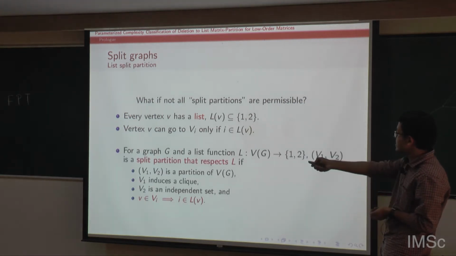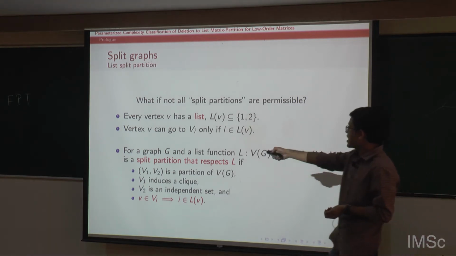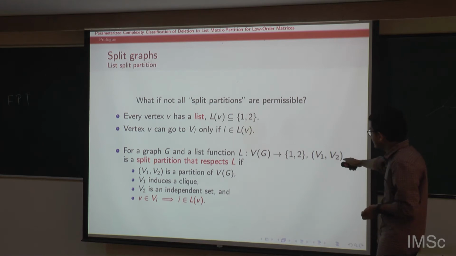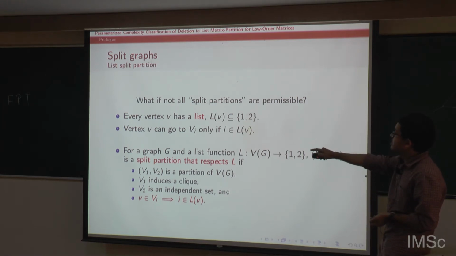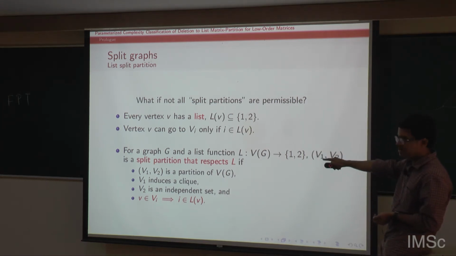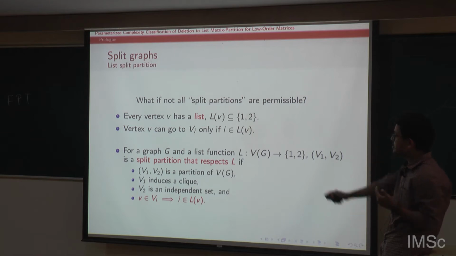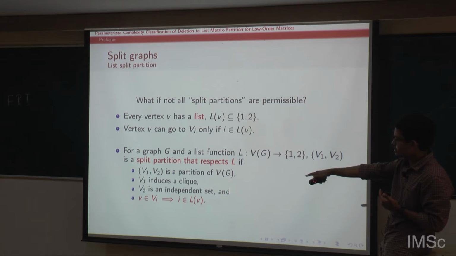So we start with a graph and a list function L. We say that (V1, V2) is a partition that respects this list L if 1, (V1, V2) has to be a partition, 2, V1 must induce a clique, 3, V2 must be an independent set, the same as for split partition, but now there is one more additional constraint, which is the list constraint.